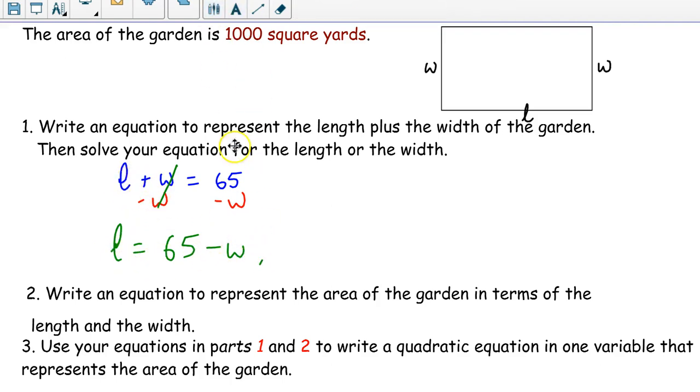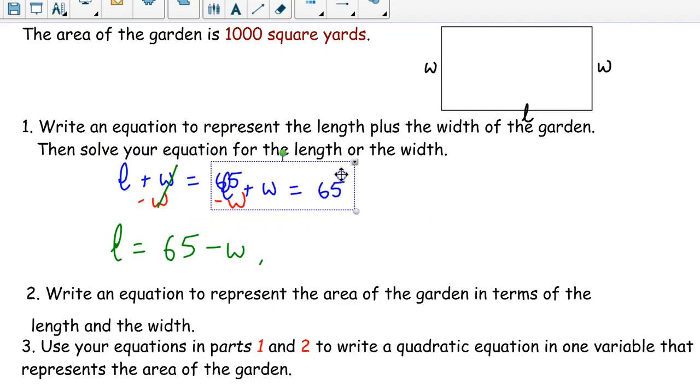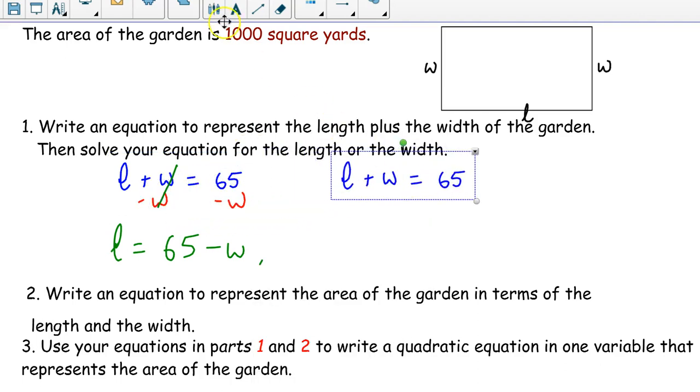And if you want to solve it for the width, I have here length plus width is 65.